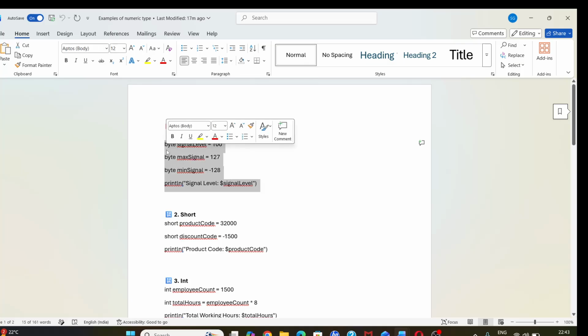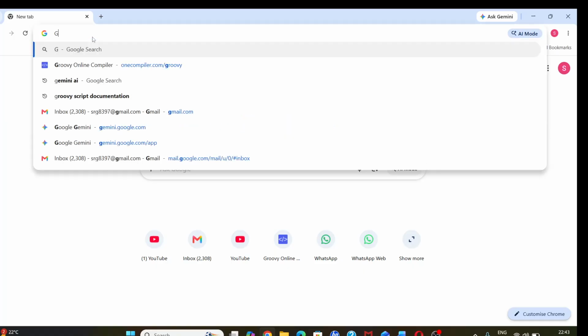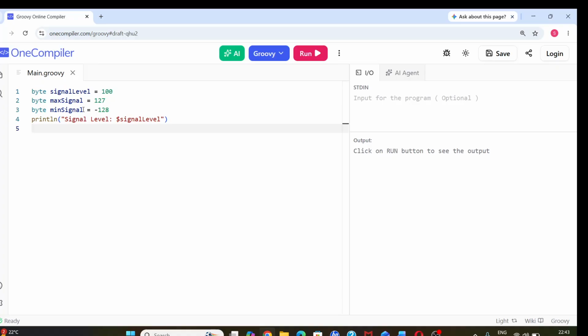I will explain this example step by step. See carefully. Here you can see the very first word is byte.